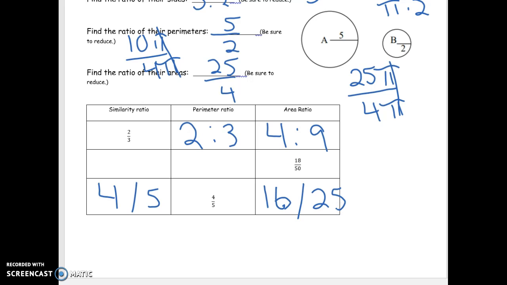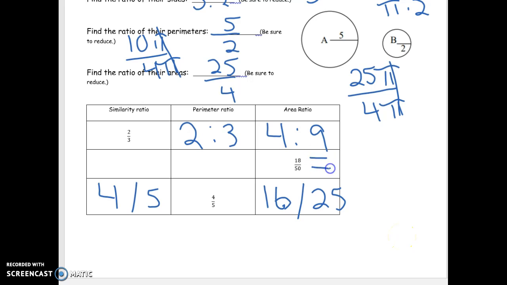Now we're looking at the area ratio for that second example and how we get back to both of the others. Well, you might notice to get from column 2, to get from here to here, we're squaring it. So if you think we want to go backwards, that means we would want to square root it. Now, 18 and 50, I can't take the square root of.